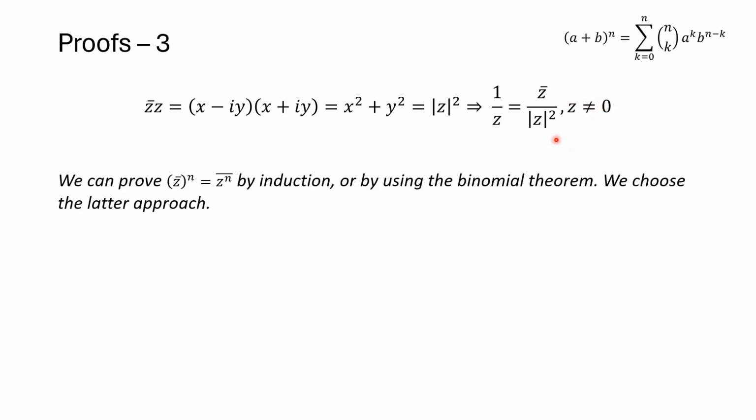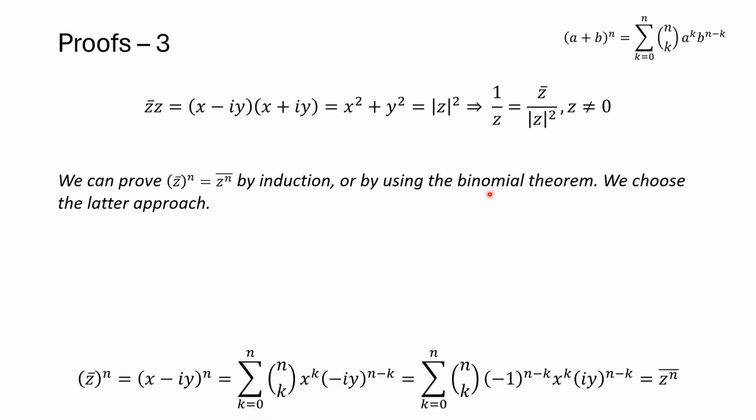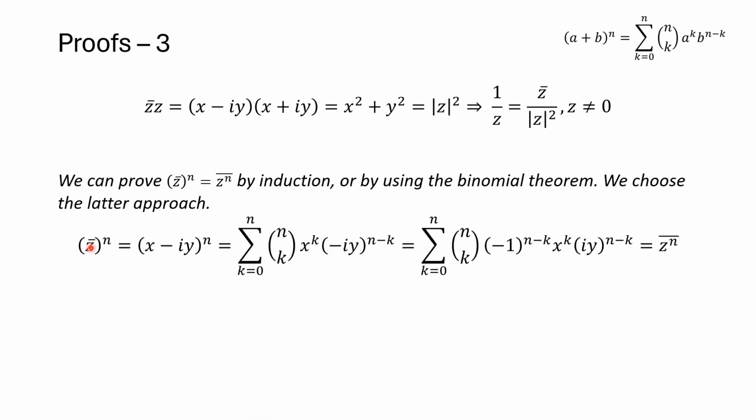For the final identity, we have the conjugate of z to the nth power equals the conjugate taken after z to the nth power. You can either prove this by induction or using the binomial theorem, which I've written up here to remind the listener, and we're going to use that approach actually. So here we have the conjugate of z to the n equals x minus iy to the n.